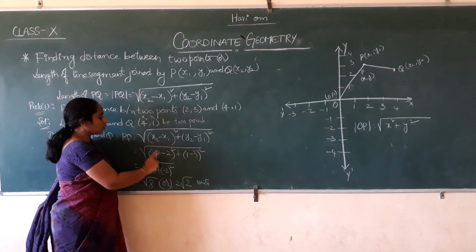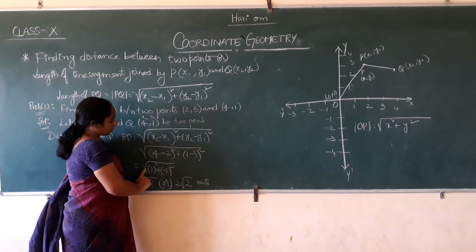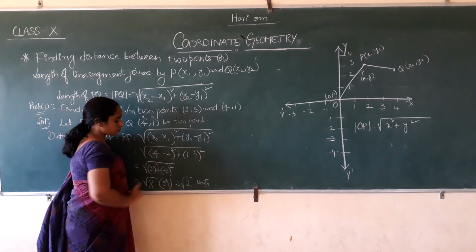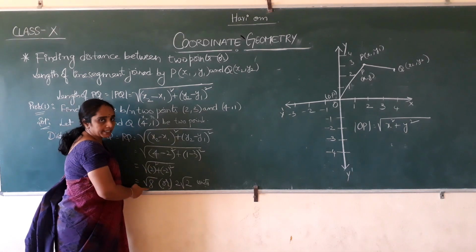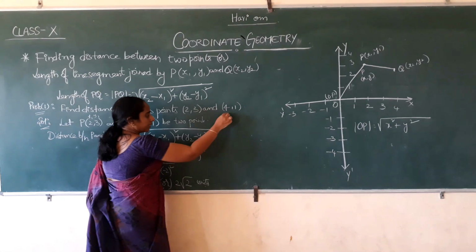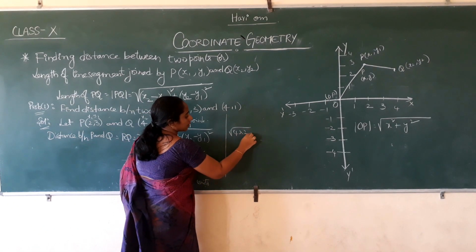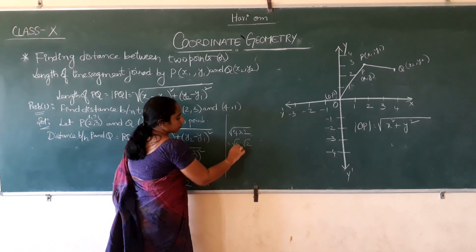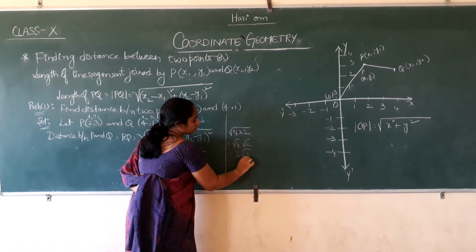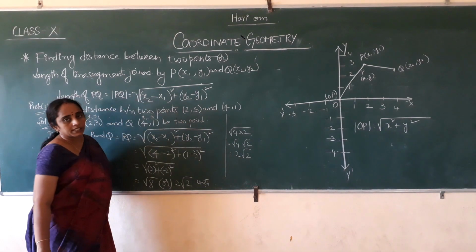That is (4 minus 2) whole square plus (1 minus 3) whole square, which is 2 whole square plus (minus 2) whole square. It is 4 plus 4, 8. We write this 8 as 4 times 2, so it is root 4 into root 2. You know root 4 is 2, so it is 2 root 2 units.